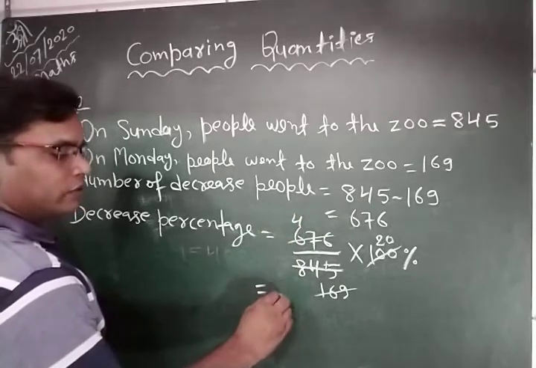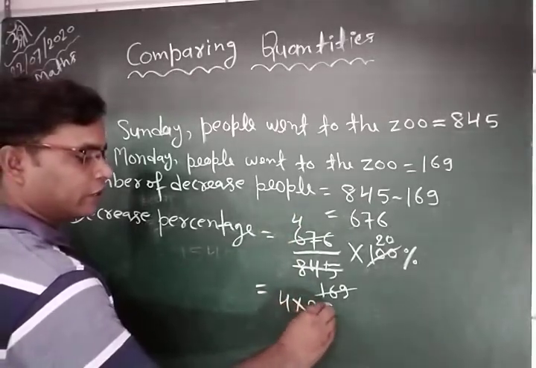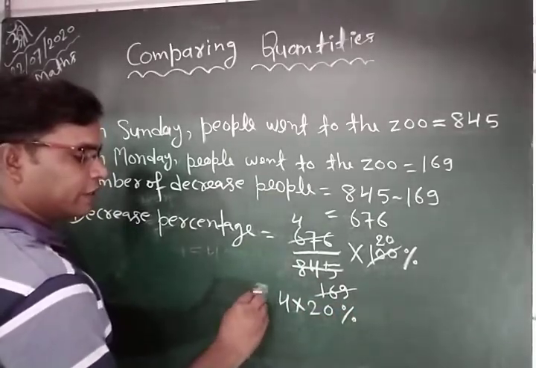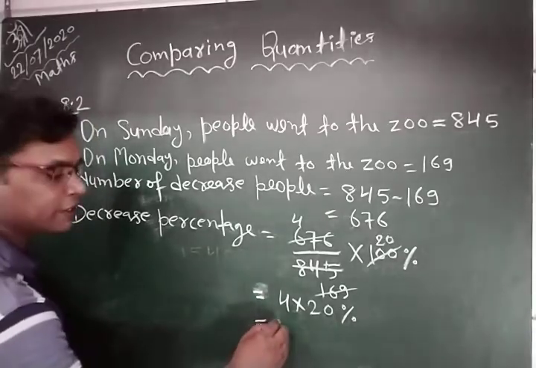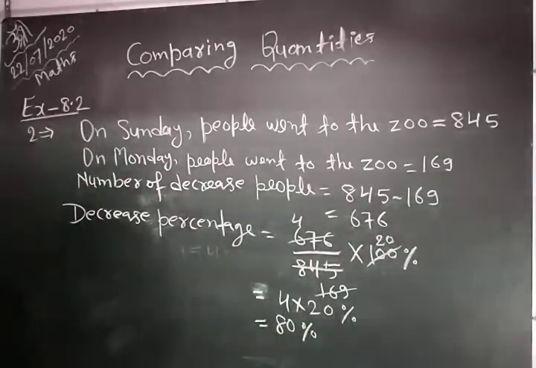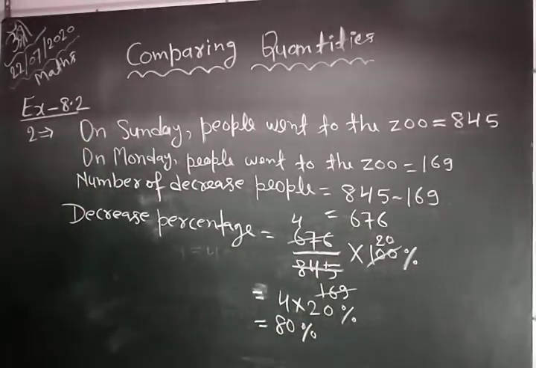Okay. So we have here 4 into 20%, and this is equal to 80%. Okay, so 80% of people decrease on Monday.